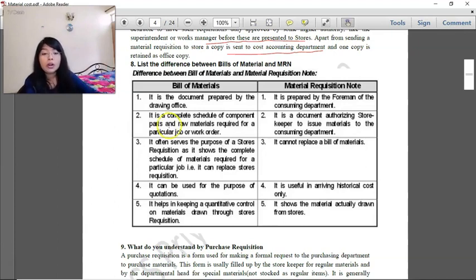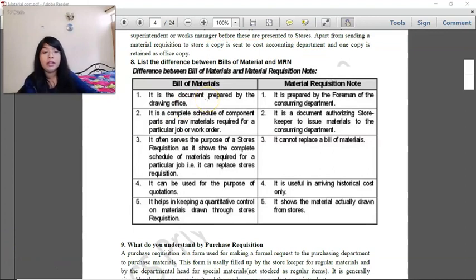First of all, the issuing authority for the bill of material is the planning department, and for the material requisition note, the authority who issues it is the production department.